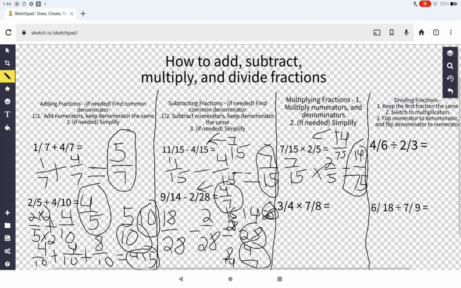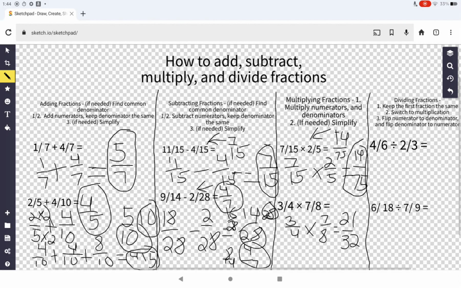Alright, next we have 3/4 times 7/8. We just multiply the numerators and the denominators. 21 over 32.